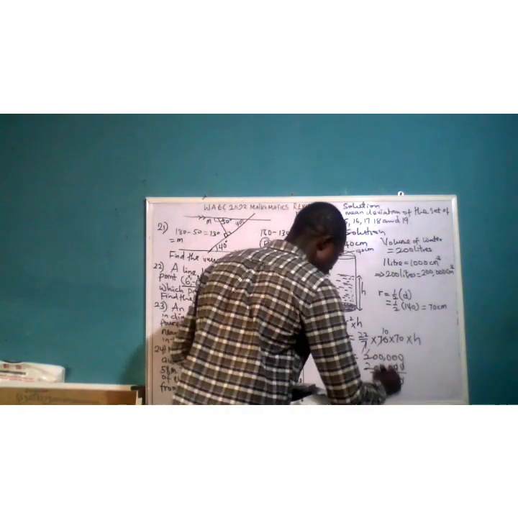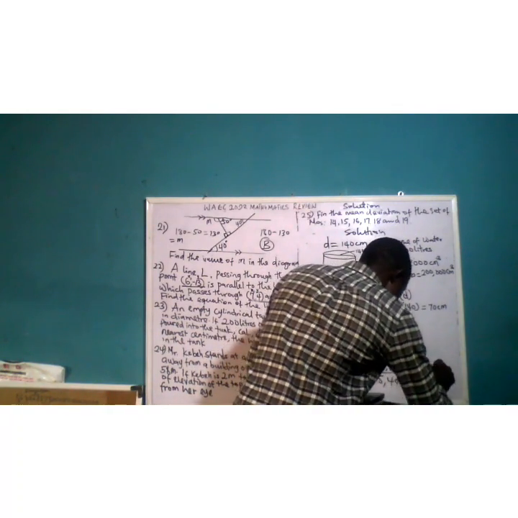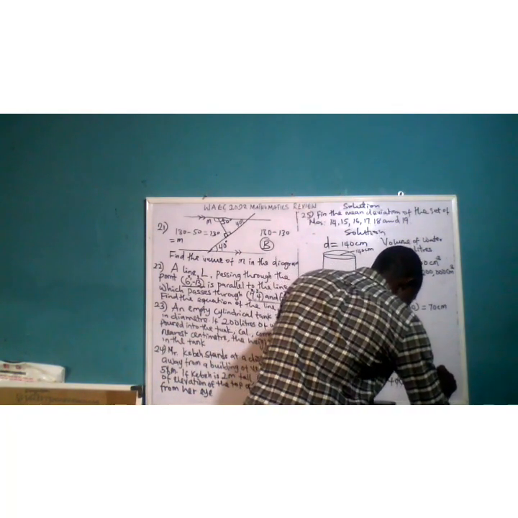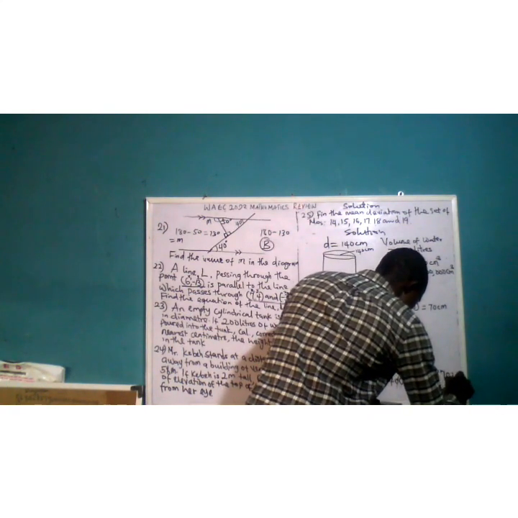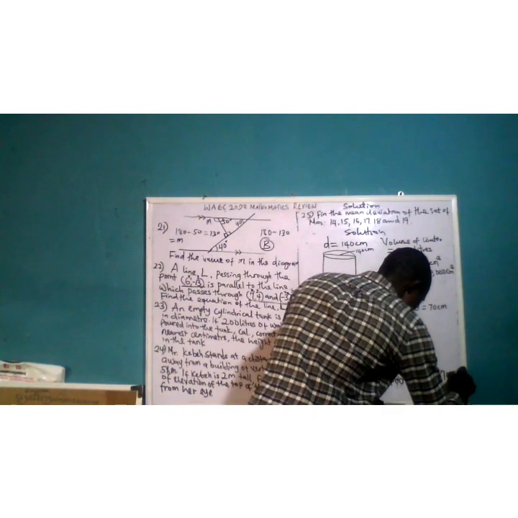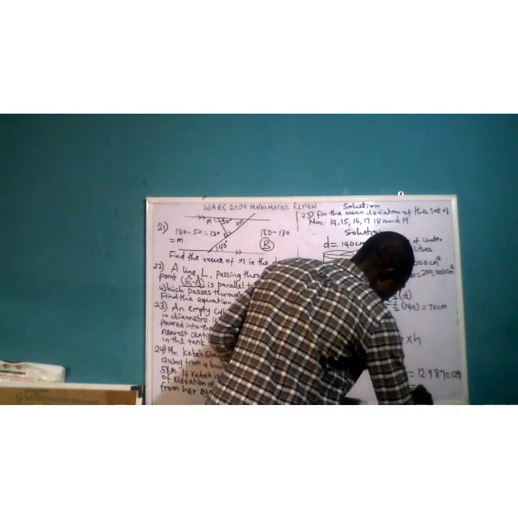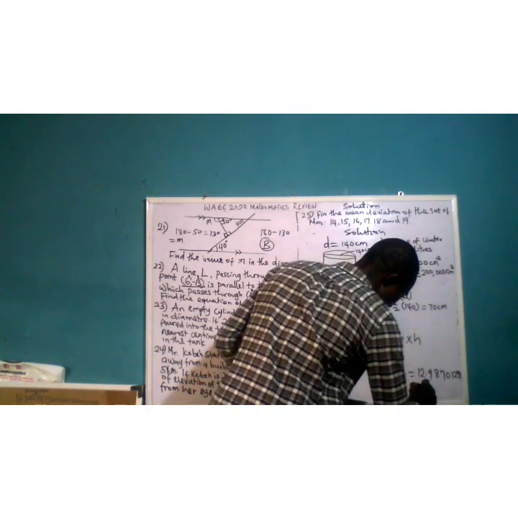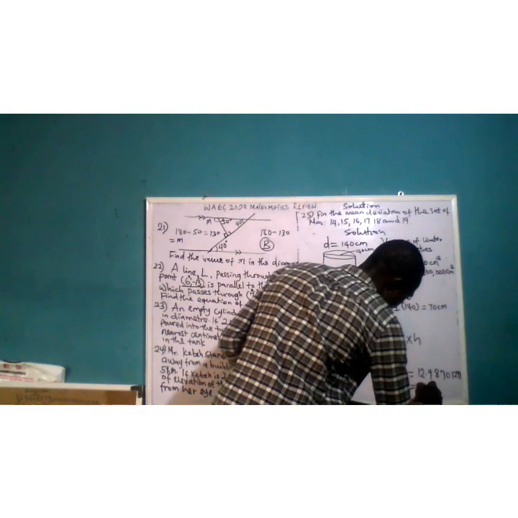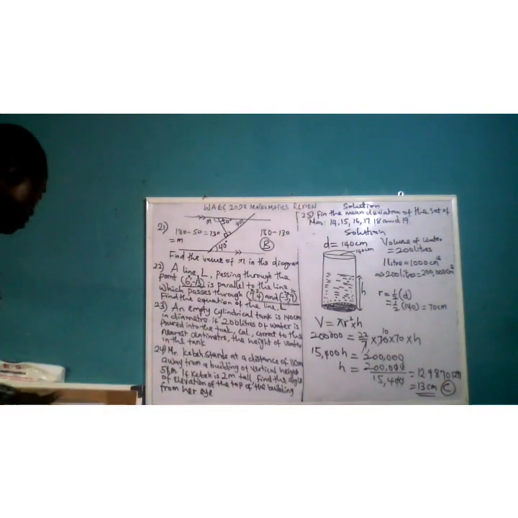That gives you 12.987019012... And we are told to leave our answer in the nearest centimeter. So if you approximate this to the nearest centimeter, you have 13 centimeter, which is option C. Option C is the correct answer.